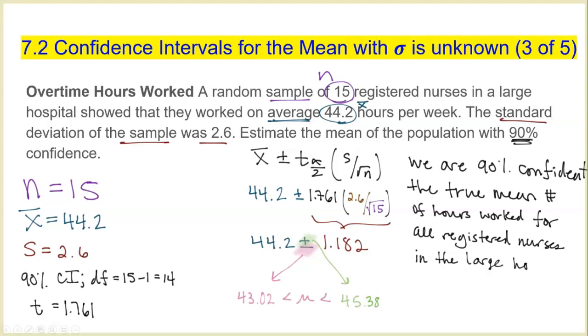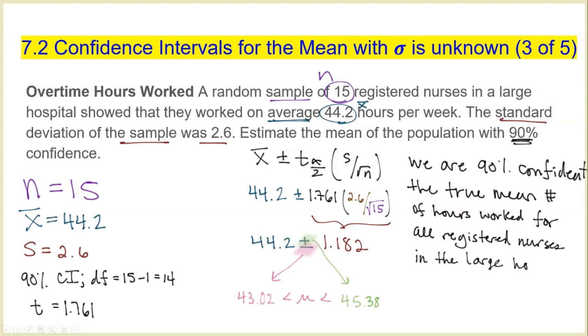Had the sample come from various hospitals in a region, then it would be all nurses in that region. Had the sample come from a sample of nurses from the entire country, then we could generalize to the country. But because the sample only came from this hospital, we can only generalize to this particular hospital.